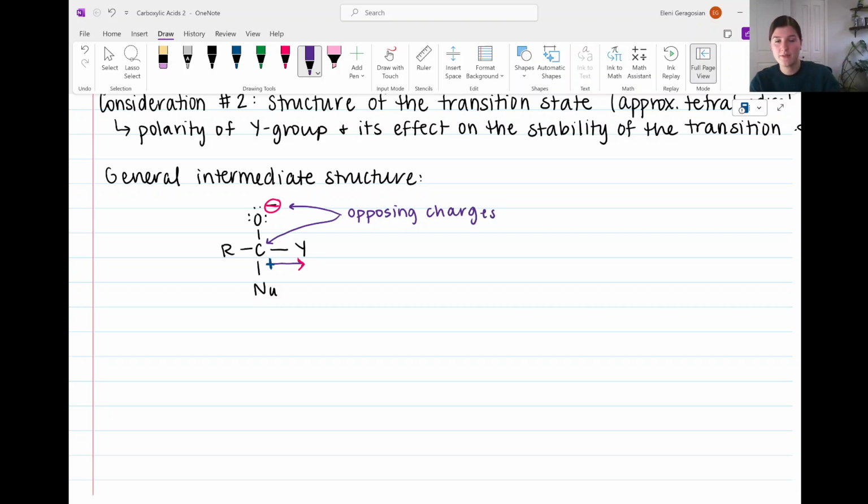Having a negative adjacent to a positive is a favorable interaction, and so this lowers the energy. If we have a stronger partial positive on carbon, that would lower the energy of the transition state.